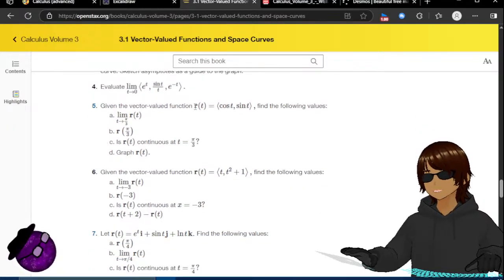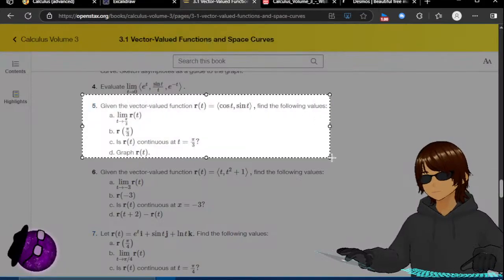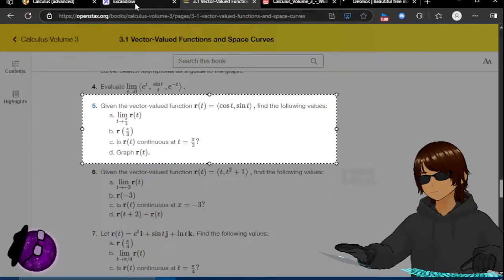Given the vector valued function r, cos t and sin t, let's do 5a. Find, copy.